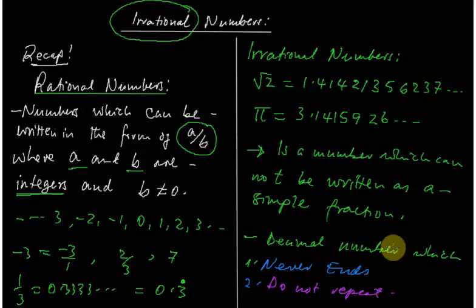So it goes like this. Pi goes on forever, root of 2 goes on forever, root of 3, any root of imperfect numbers will never repeat.